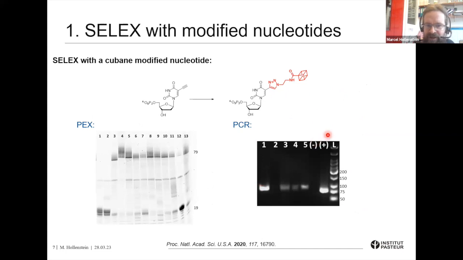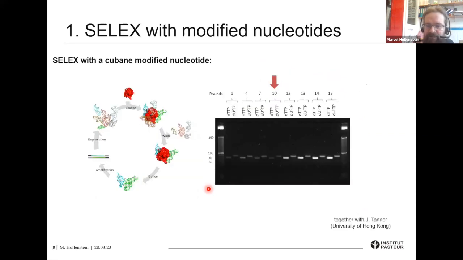So we synthesized the corresponding triphosphate, could show that it's compatible with enzymatic DNA synthesis under PEX and PCR reaction conditions. We then teamed up with Julian Tanner at the University of Hong Kong and focused on a selection experiment against the lactate dehydrogenase of PvLDH, which is an important biomarker for malaria.